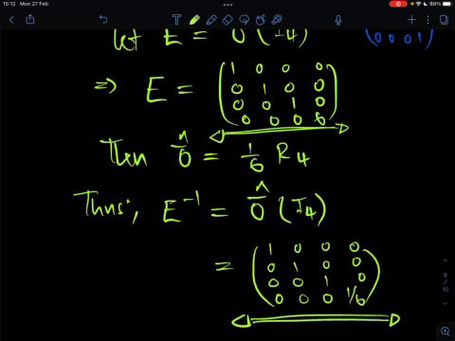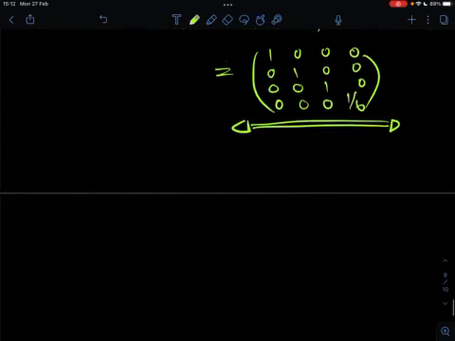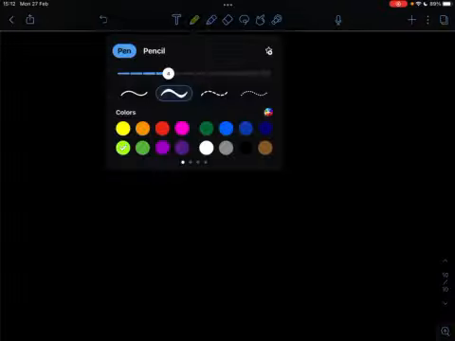That's it. Those are things that you should know. What about permutations? How do we deal with permutations?